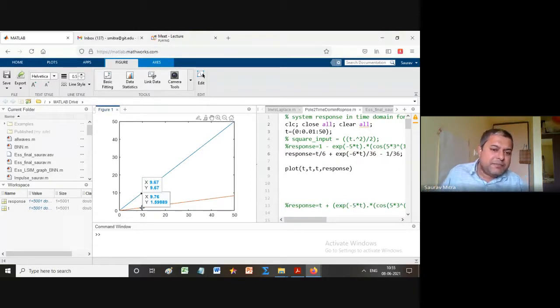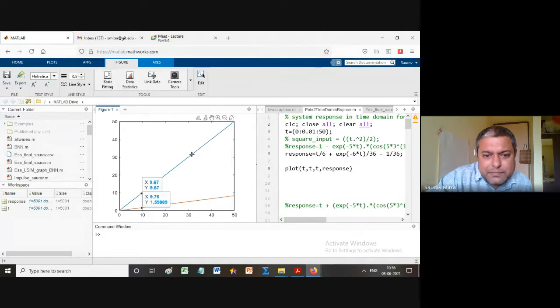So how much is the error? 9.67 minus 1.59, so around 8. So error at 9.67 seconds. You cannot say error at steady state because both are not getting steady. And this error is increasing this much at 9.67 seconds. The difference is 9.67 minus 1.67. Let's say error is 8.